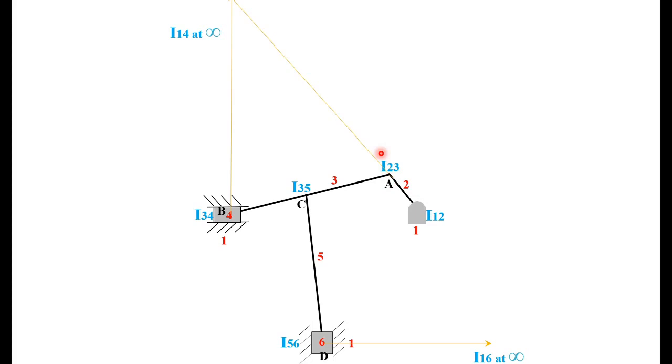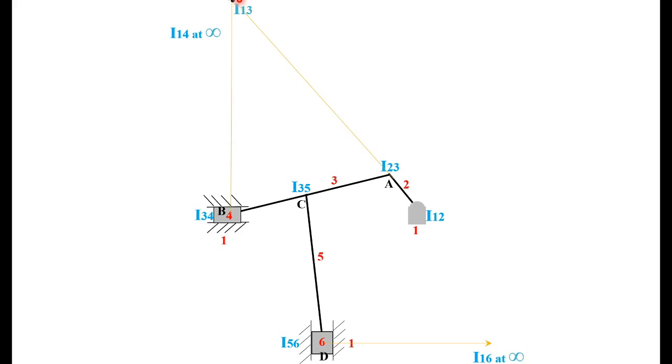Another combination is 1, 3, 4. In that combination, the 3 centers 1 3, 3 4 and 1 4 will be on the same straight line. So we have 1 4 and 3 4. 3 4 is this point, 1 4 is at infinity. So draw a line from 3 4 to infinity. Then that straight line will also contain I13. So this vertical line and the other line, both will meet at one point. That will definitely be your I13. Okay, so I13 is located.